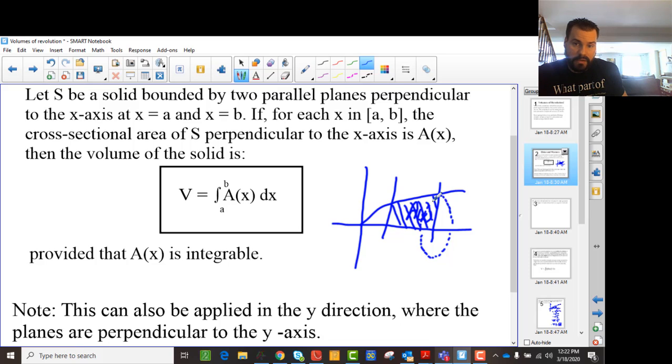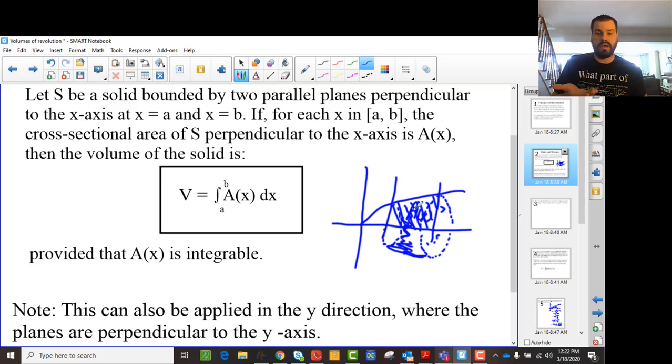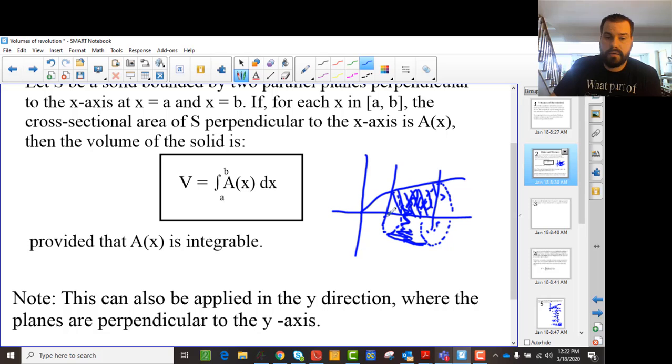And as I do that, I end up creating a three-dimensional shape. That shape looks like a sort of cone, but that's what it looks like, and I'm not an artist. But the idea is that you take the area and rotate it around the x-axis and you create a three-dimensional shape. Okay? That's the idea.